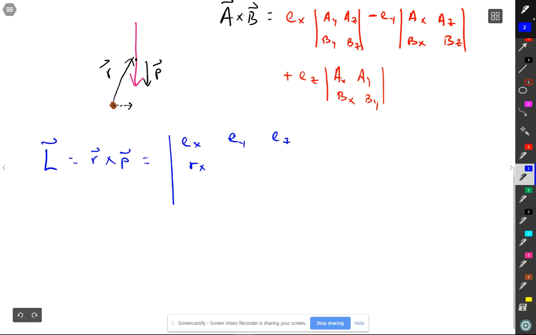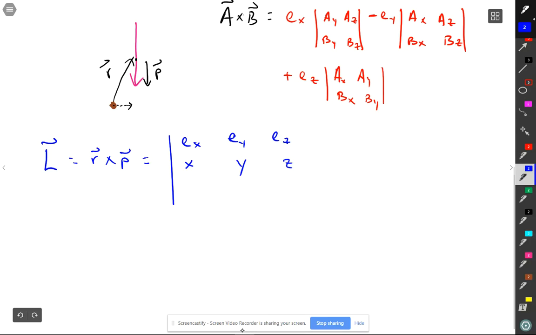What do we usually call r x? The radius in the x direction. We usually just put x. And likewise, r y will be y, r z will be z.